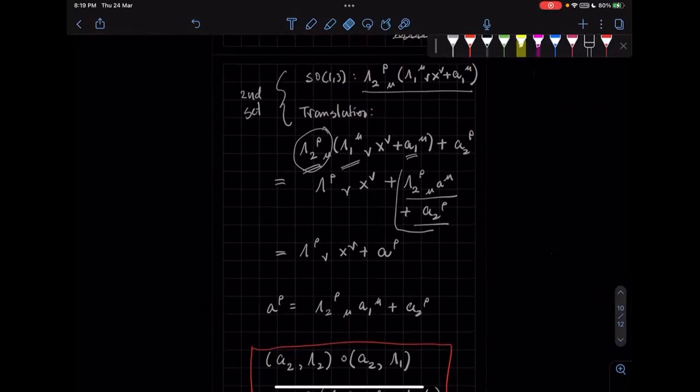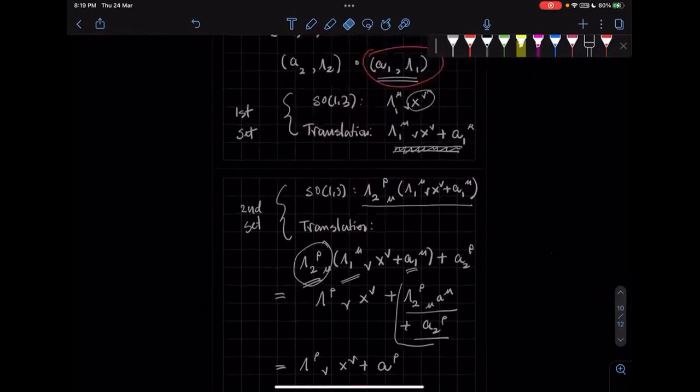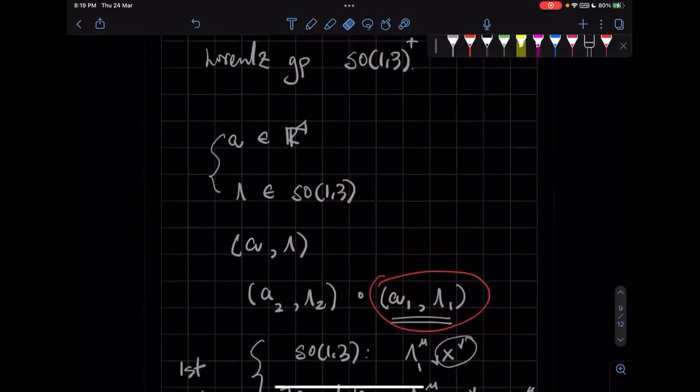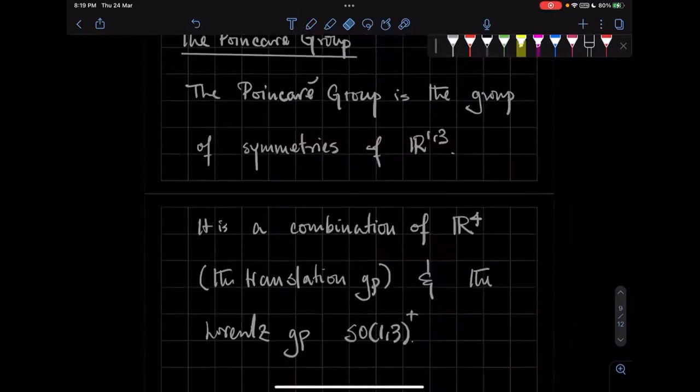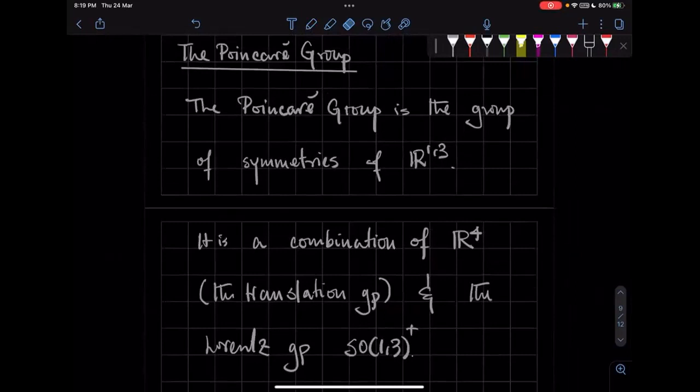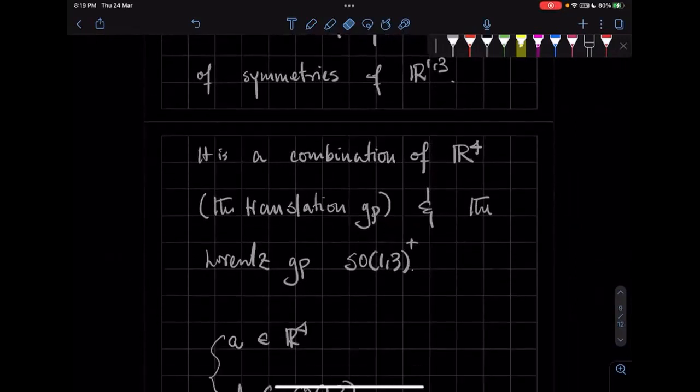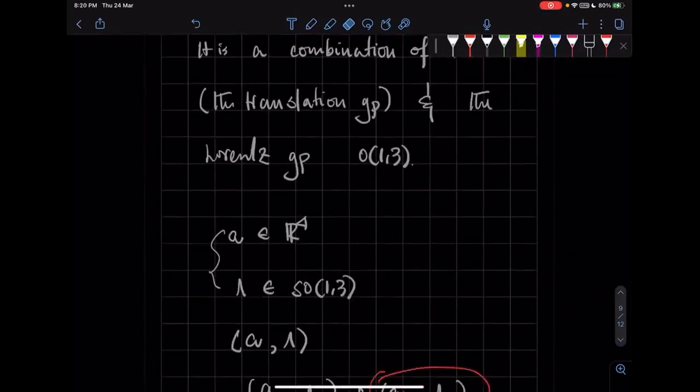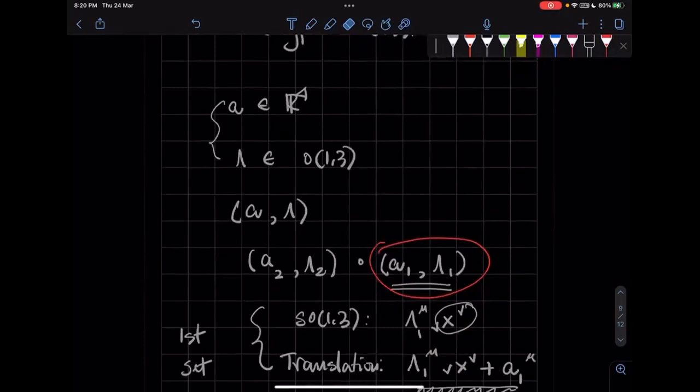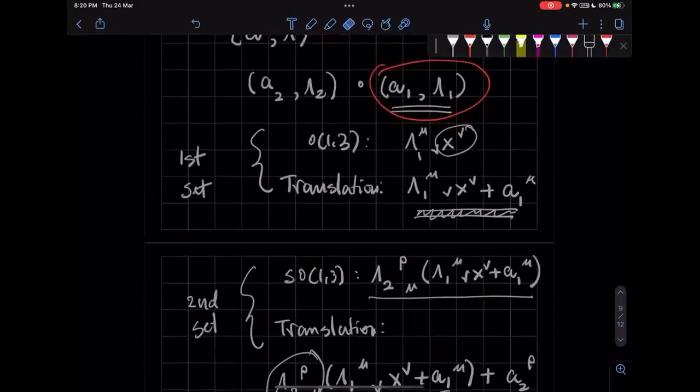Oh, it could have been SO(1,3). Sorry, I misspoke. I realized that sometimes different people define these things differently, but to be completely rigorous, thank you, these should be just O(1,3).